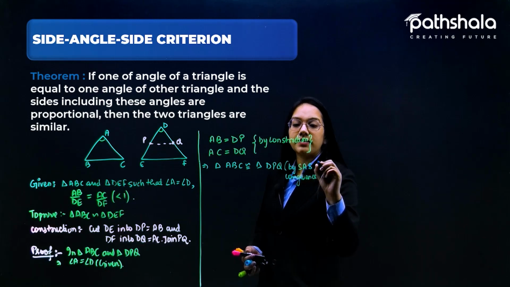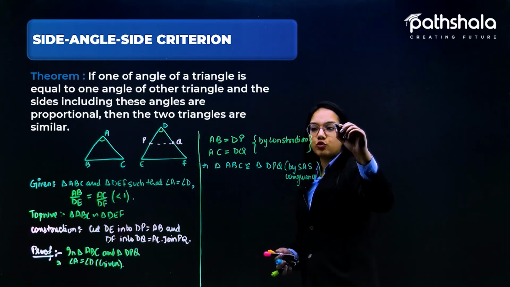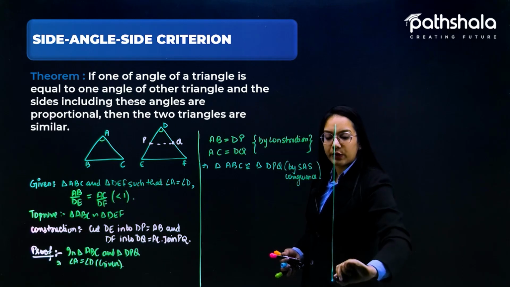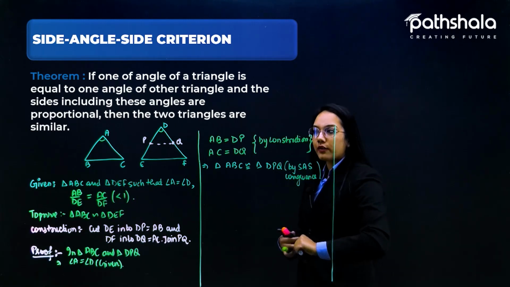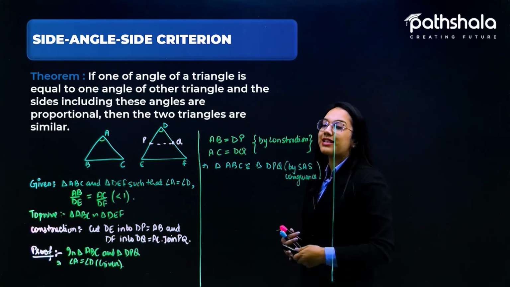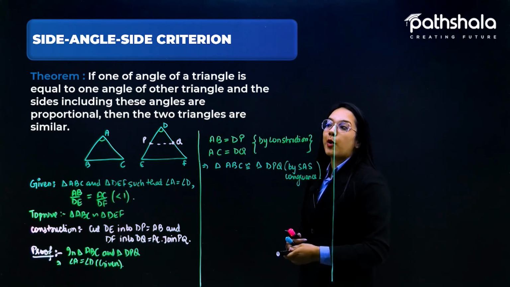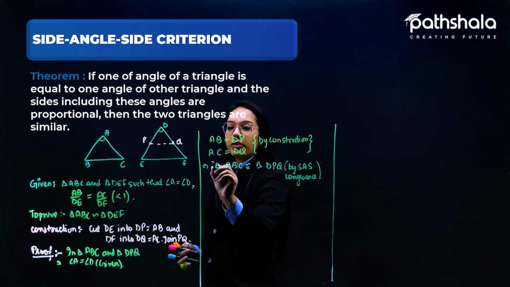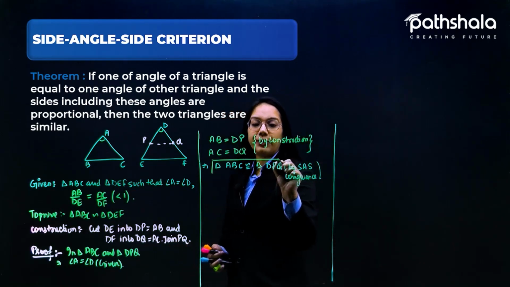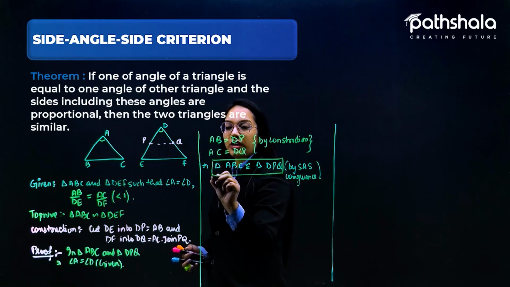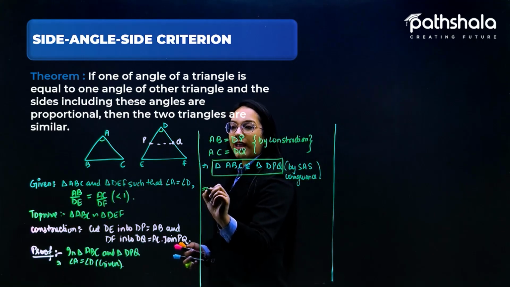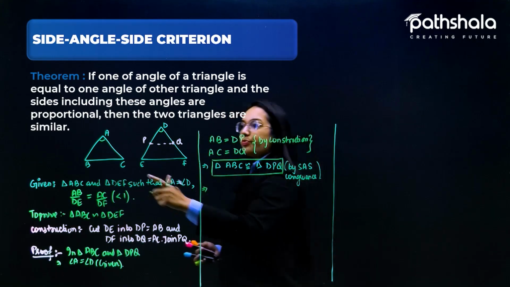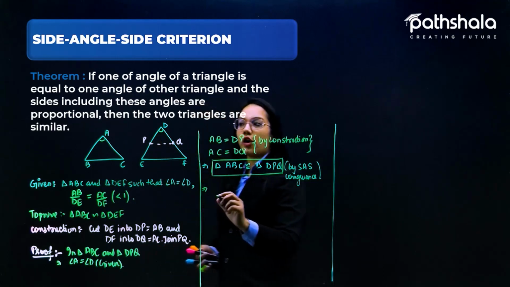By SAS congruence criterion, these two triangles are congruent to each other, and hence it implies that their corresponding angles are equal to each other.